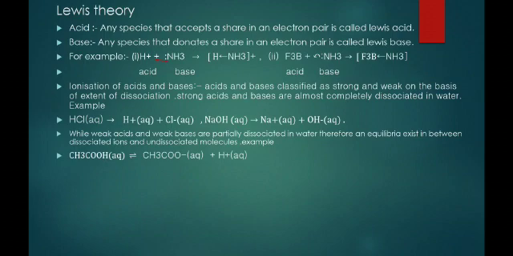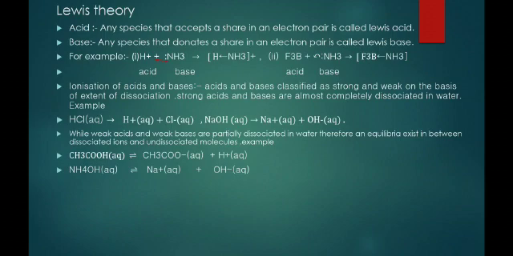Ionic equilibrium. Another example, for a weak base, is ammonium hydroxide NH4OH. It is also a weak base which partially dissociates into the NH4 plus ion and OH minus ion. Sorry, instead of Na plus ion, it should be NH4 plus ion.